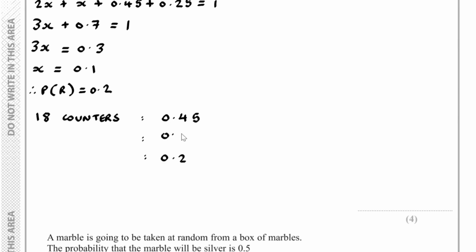Well, what we can do is find out how many counters are represented by a probability of 0.05 and then the probability of 0.2. So here we divide by 9 to get 2 counters, and then if I times by 4, we get 8 counters.